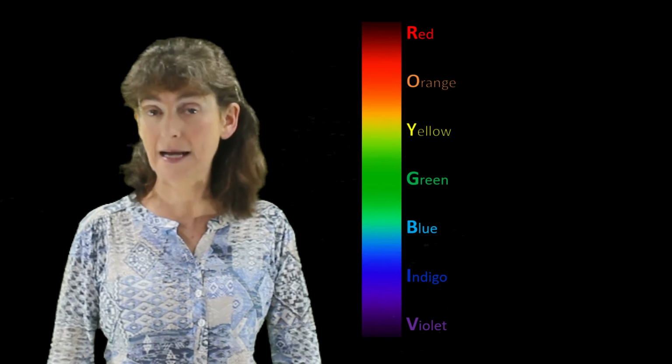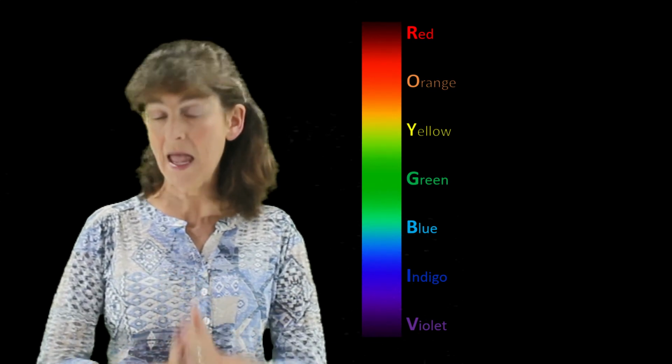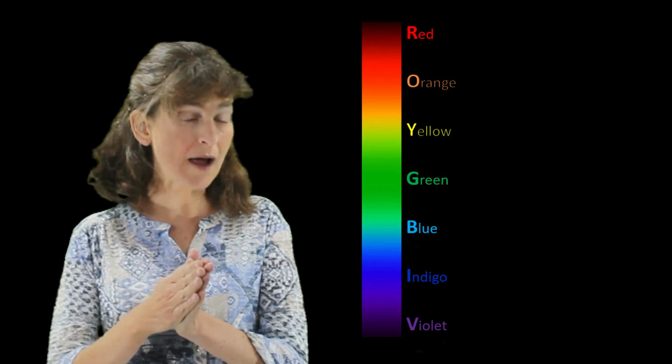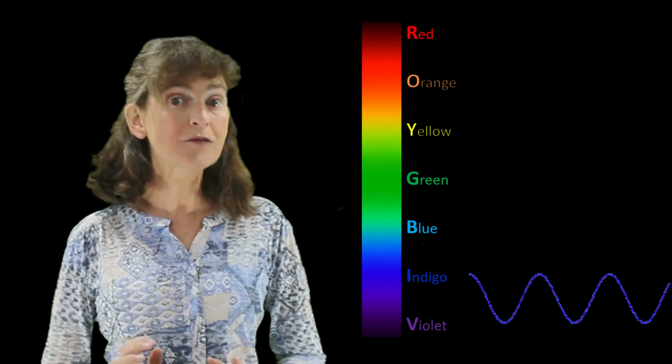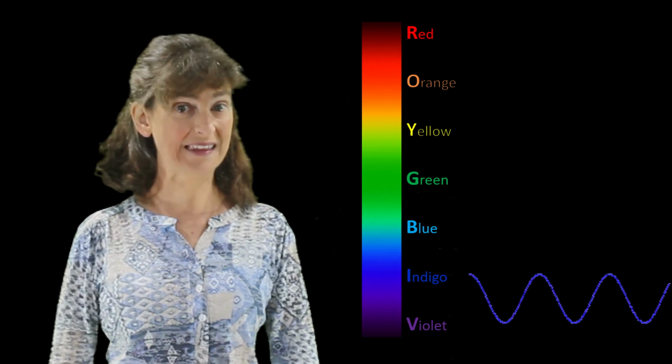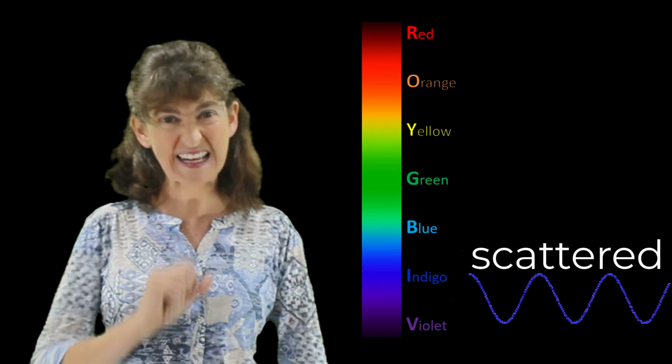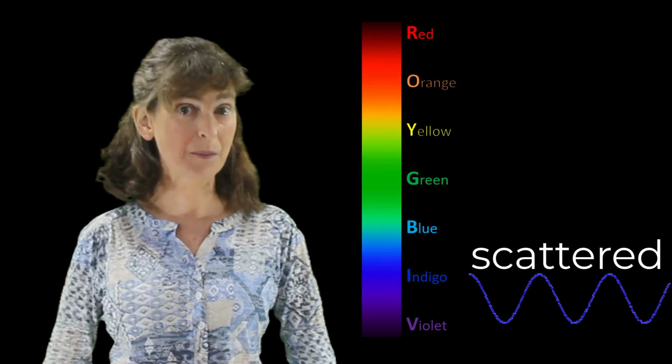I said I'd explain why the sun looks yellow. At the same time, I'll explain why the sky looks blue. Remember, actually sunlight is white, and white light is actually made of these 7 colours altogether. Now, as this white light travels through the air, the high-frequency, short-wavelength end of the spectrum gets scattered easily by the air.